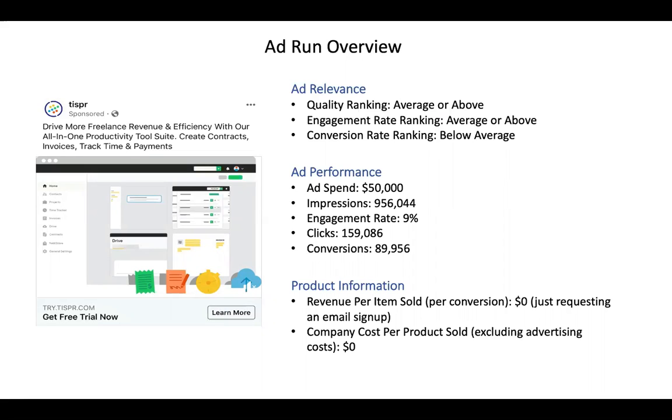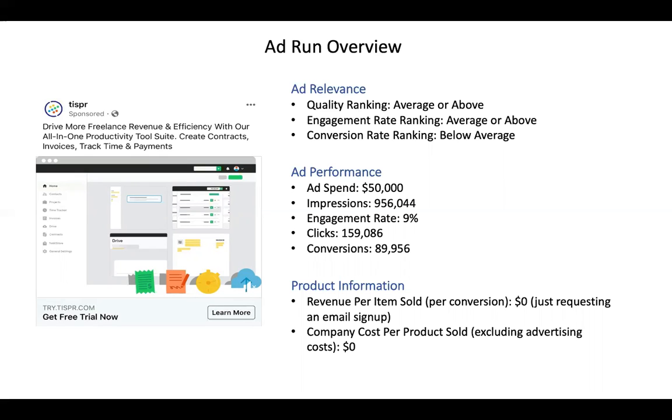The ad performance: we spent $50,000 on this ad run, and what that got us was just over 956,000 impressions with a 9% engagement rate.